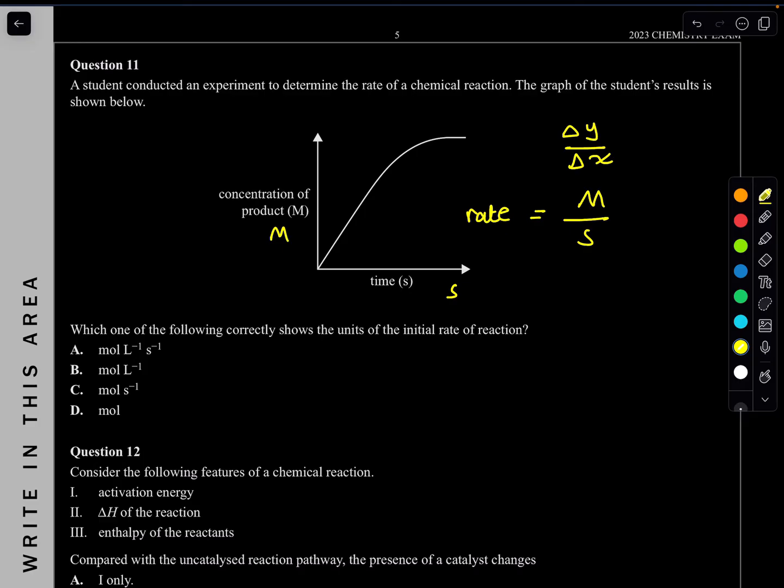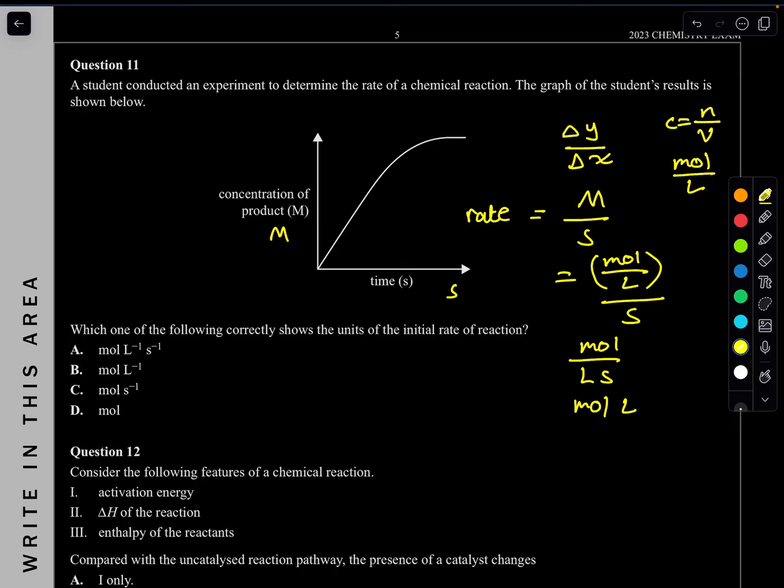So let's convert. M, which is your concentration. We know concentration is what? It's n over volume, which is basically mole over liter. So we can replace this with that. Mole over liter, all divided by s, which gives you mole liter per second. And so you can write that as mole, putting those on the top, L to the negative 1 and s to the negative 1, which looks like A. Beautiful.